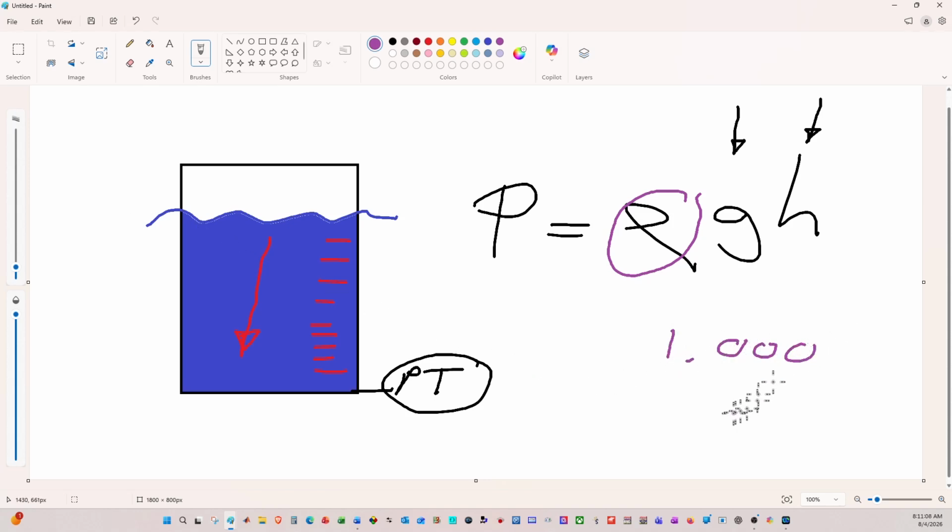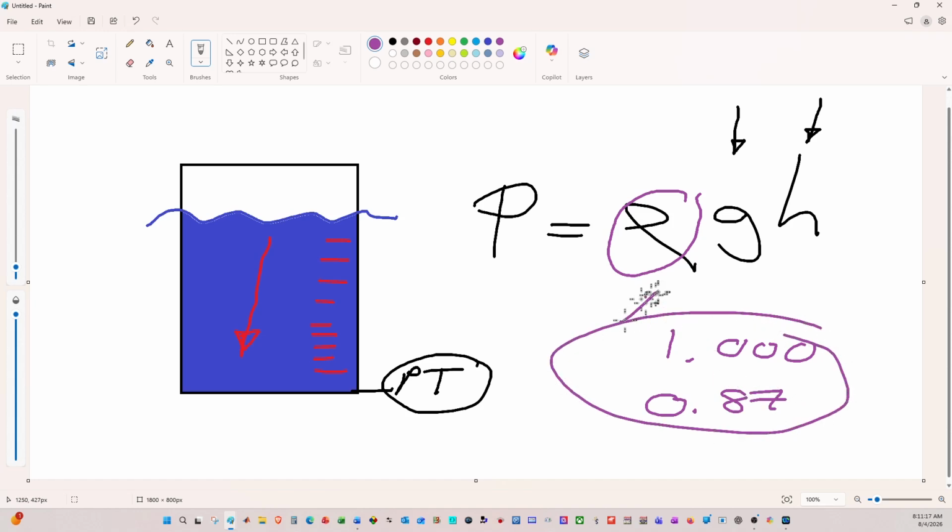That's my reference. And my oil, which weighs 870 grams, is going to have a specific gravity of 0.87. These are the values that we're going to put into the formula to do our calculations. As I've just said, it's absolutely crucial that the density remains constant. Otherwise, you are going to measure an irregular pressure.